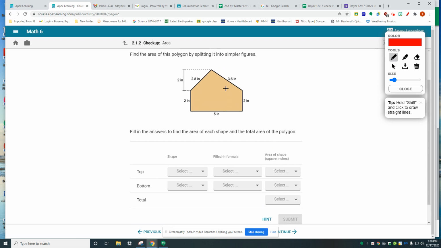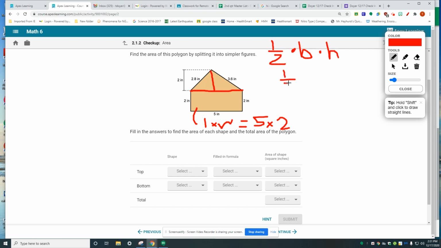So when I see this shape, you're like, I don't even know what to do with that. Okay, let's divide it into things we know. Now what do I have? I have this, which is length times width, because that's anything with 4 sides. So it's 5 times 2. And now I have a triangle. So remember this is my formula, 1/2 times base times height.